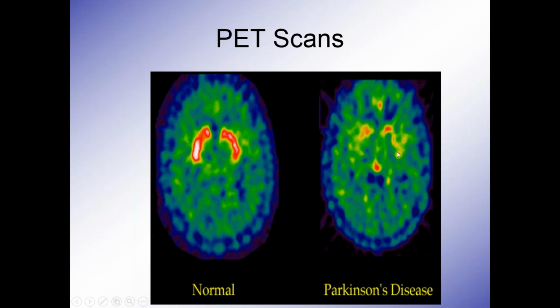In contrast, if we look at the brain image on the right-hand side, this is a person that does have Parkinson's, and you can see that the dopamine transporter is not showing up all that clearly at all, which hints to the fact that there's a shortage of dopamine functioning neurons in the center of the brain.